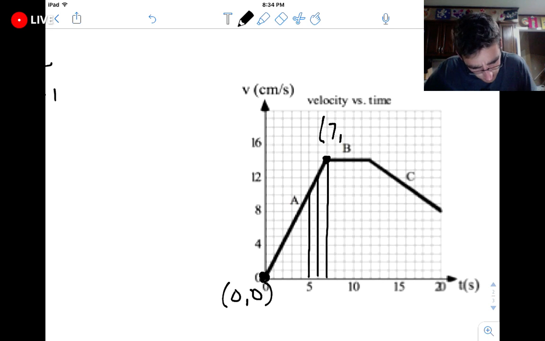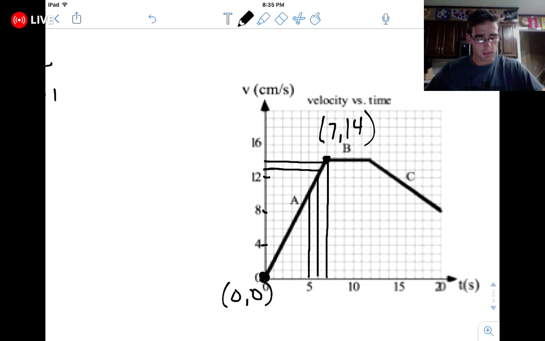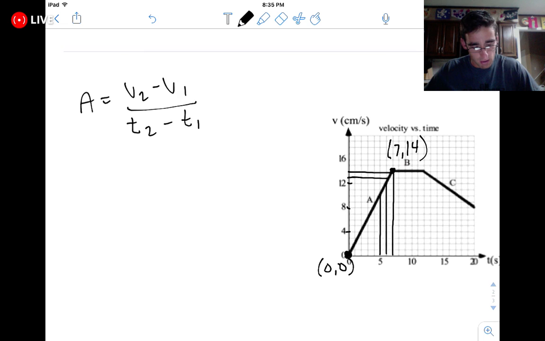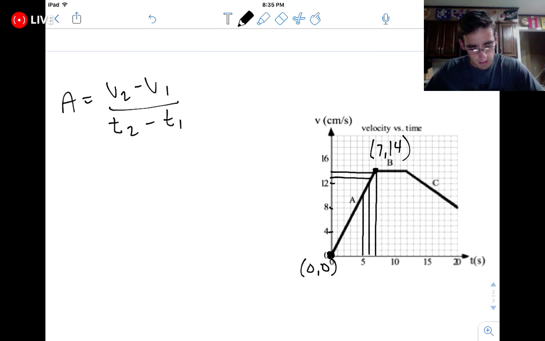And then 4, 8, 12, 13 is there, 14 is there, so 7, 14. Okay, so now I've got my 2 points. Now all I have to do is plug stuff in.